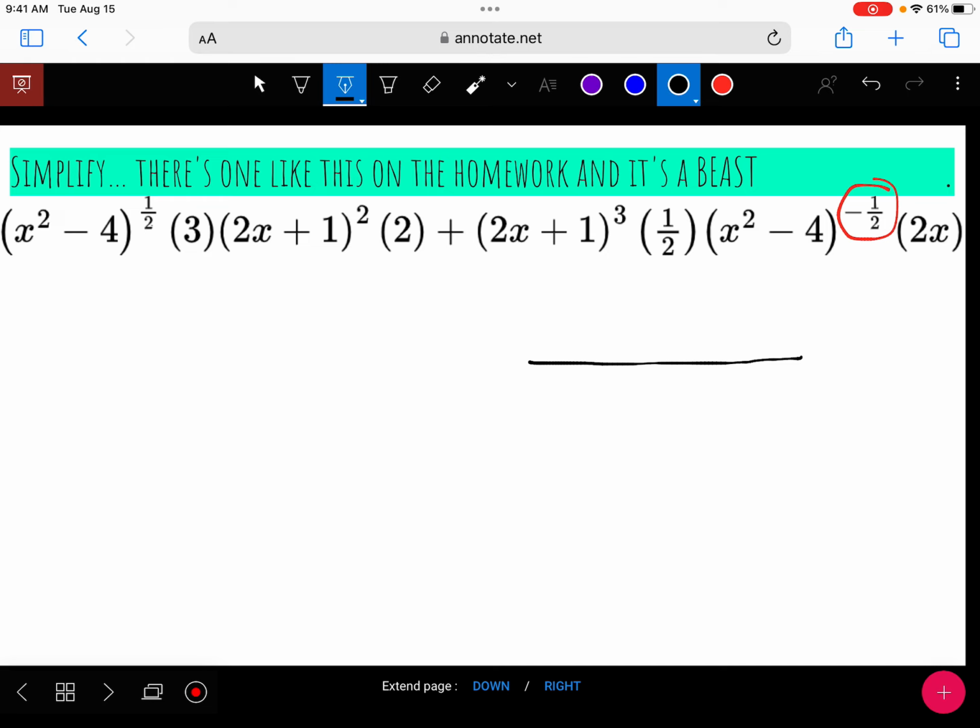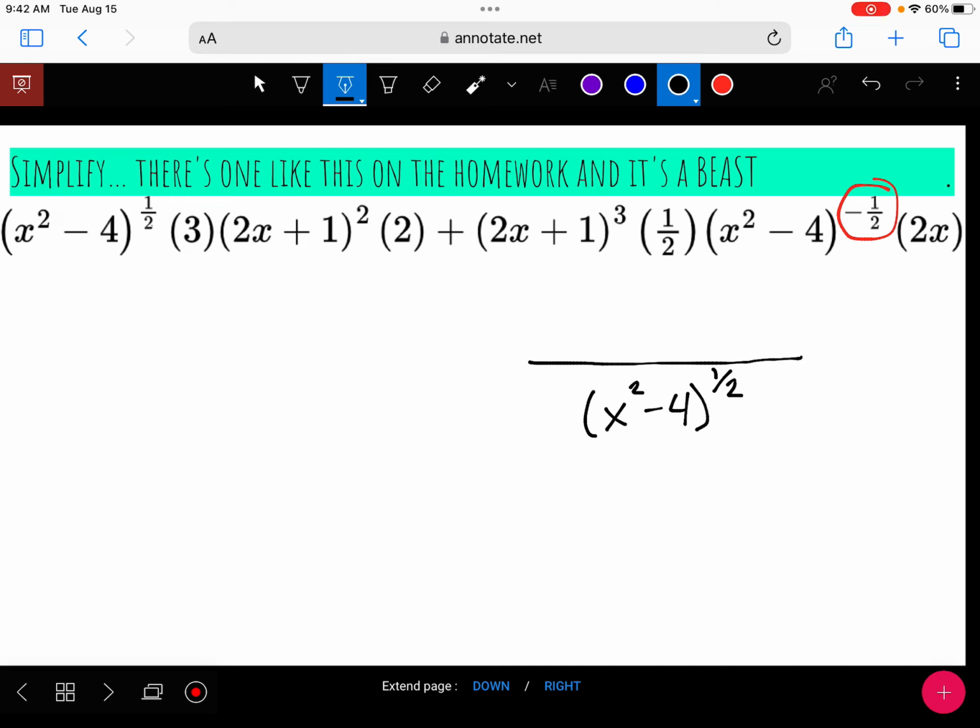Because what we have here is x squared minus 4 to the 1/2 in the denominator. Remember, 1/2 as an exponent means square root. You can do it as a root if you want to, or you can leave it as an exponent.